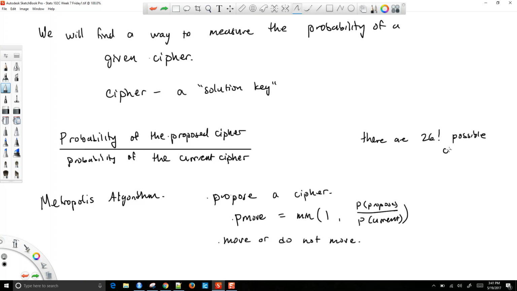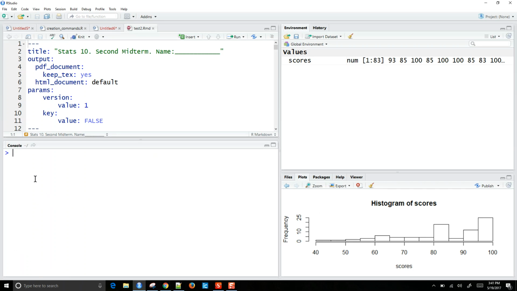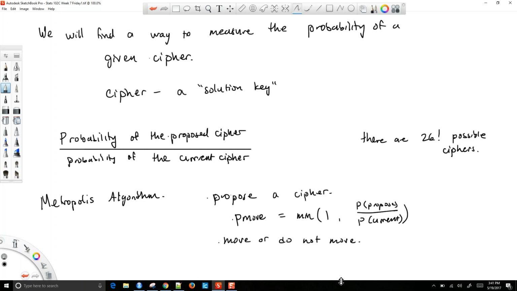What is that on the order of? Okay, so it's on the order of 4 times 10 to the 26th power. This is a very big number, right? So this is too many for us to manually try all of these.